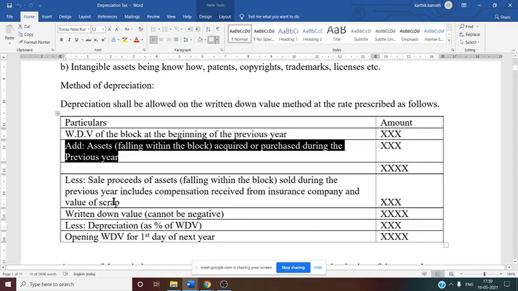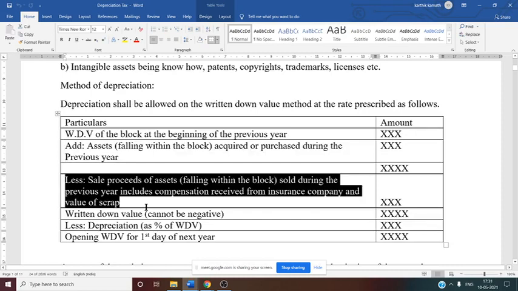In that case, a compensatory amount will be given by the insurance company. That compensation amount we can consider as a sale value, so you can deduct that amount. The sale figure or any compensation you can deduct.